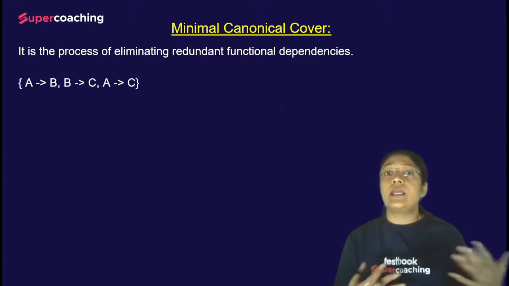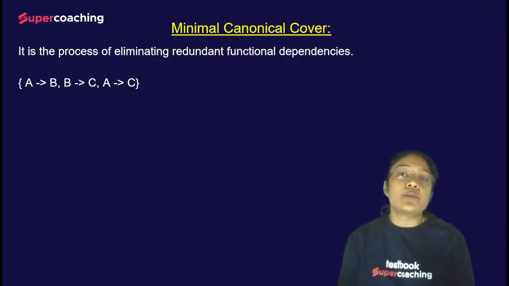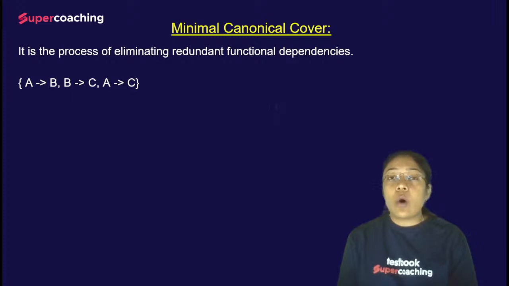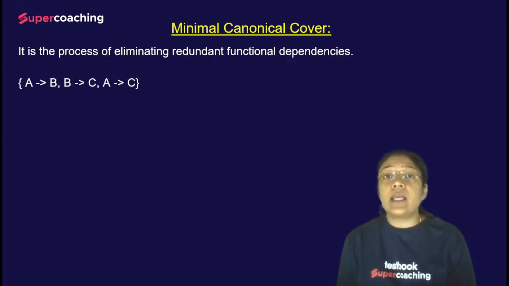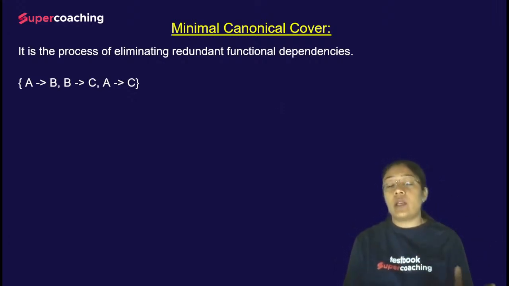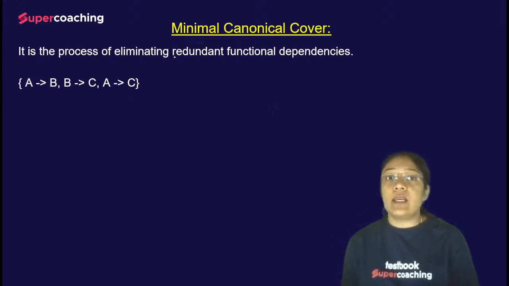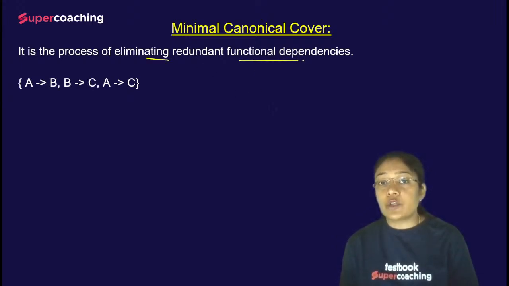So basically it is the process of eliminating the redundant functional dependency. Redundant means that which is unnecessarily repeating, or you can say the process of eliminating redundant attributes. So if there is any redundant functional dependency or attribute, we have to remove it.